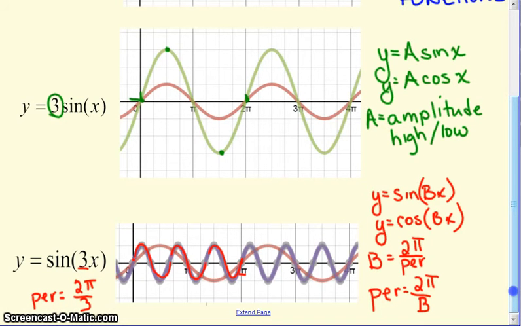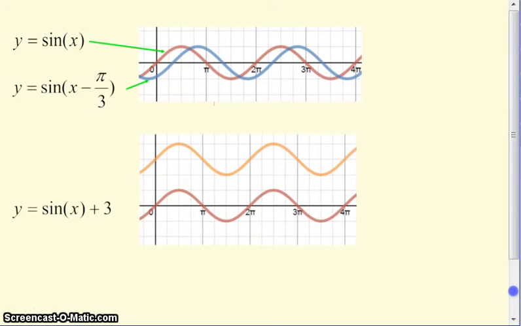This is all review stuff we've talked about before. Now what we're going to do is we're going to look at doing some different things to our equation. In this next picture, I've got the red graph is the y equals the sine of x. The blue graph is what happens when I do sine of x plus or minus some number. In this case, my number is pi over 3, and that picture is the blue graph.